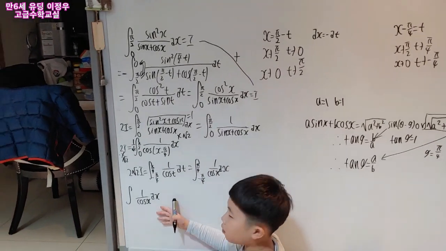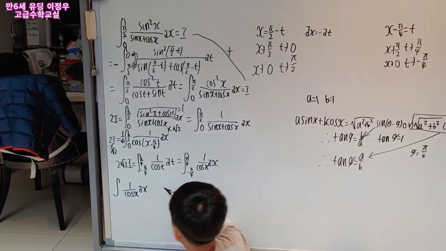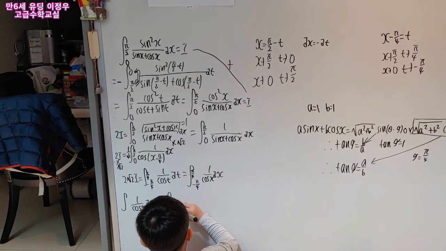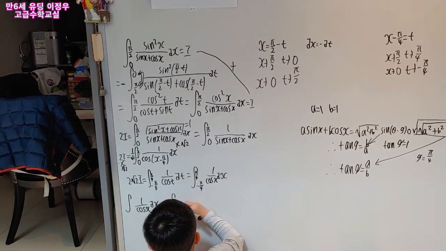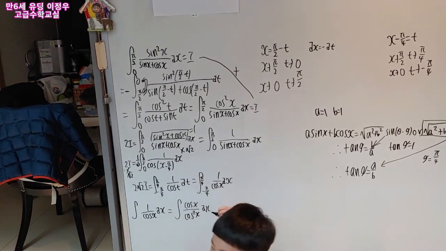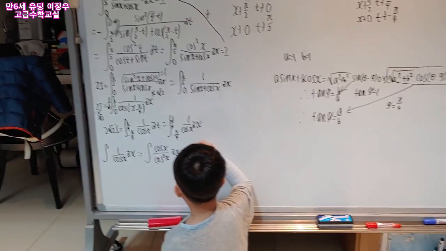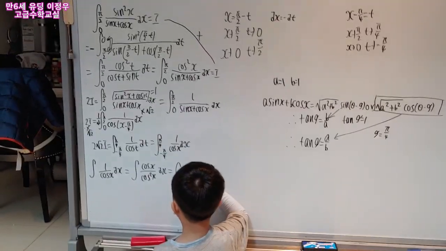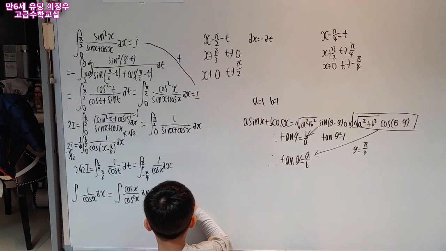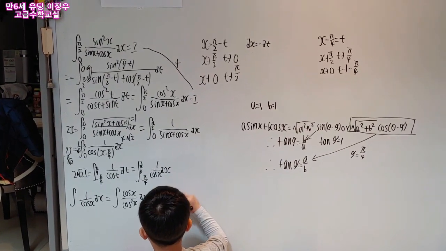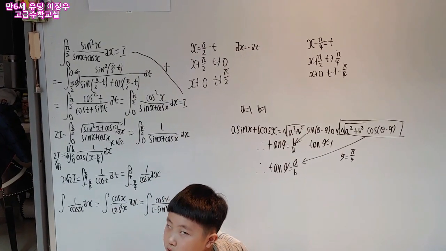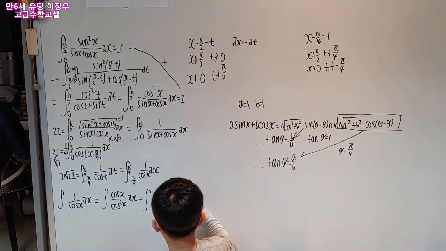We'll do this first. This is cosine x over cosine square x, and that equals cosine x over 1 minus sine square x dx.